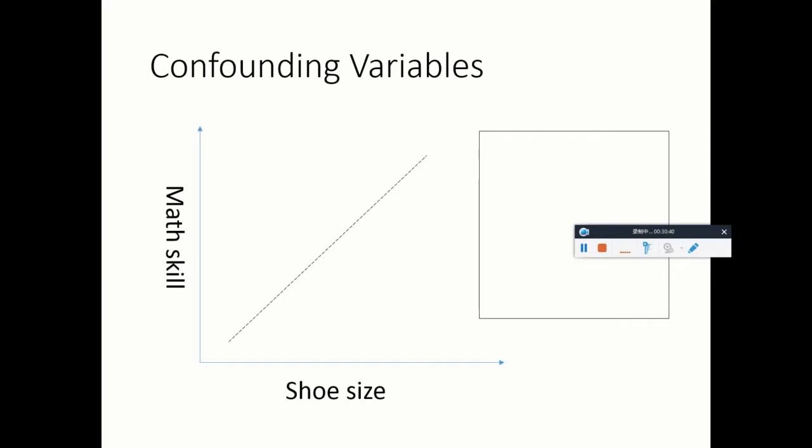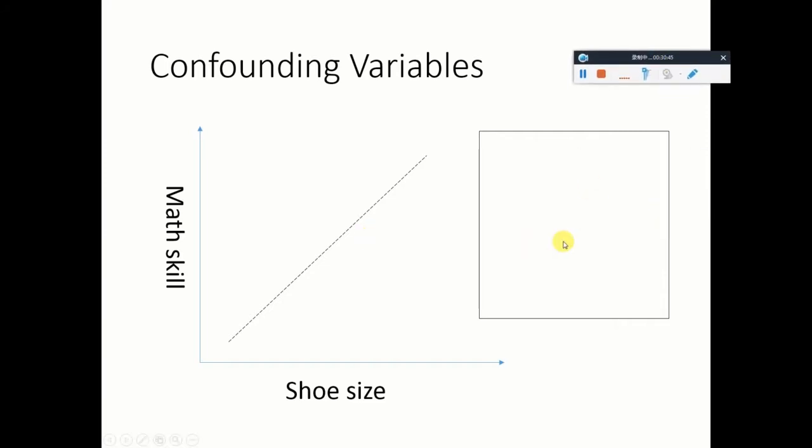So what's your thought? Why do you think that shoe size would correlate with math skill at all? This correlation does exist, but our job is to figure out why this correlation, which should not exist at all, is actually observed.